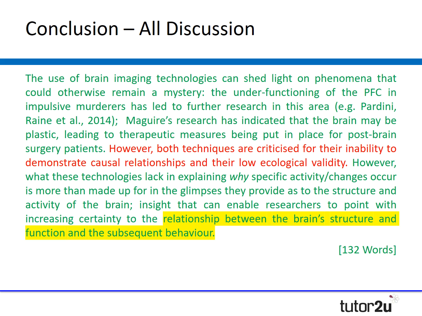However, what these technologies lack in explaining why specific activities or changes occur is more than made up for in the glimpses they provide as to the structure and activity of the brain. Insights that enable researchers to point with increasing certainty to the relationship between the brain structure and function and subsequent behaviour. So yet again, I've really concluded and hammered home my conclusion, which is linked back to the actual question.